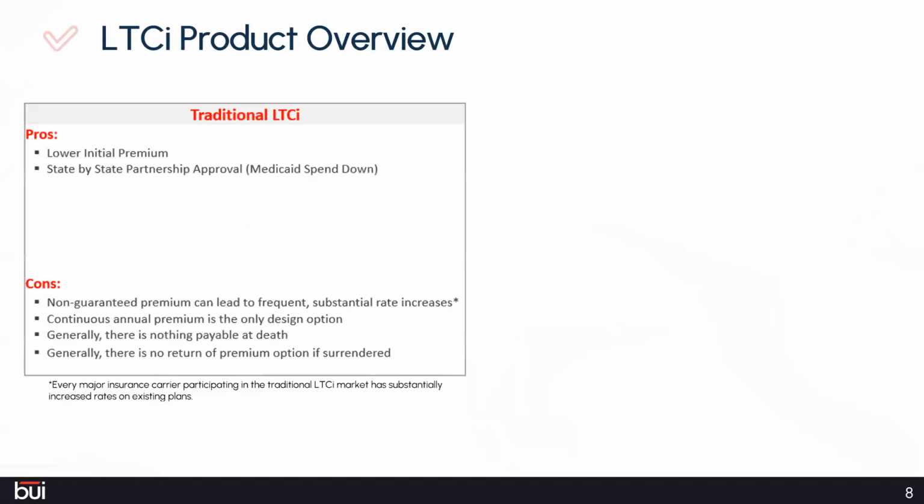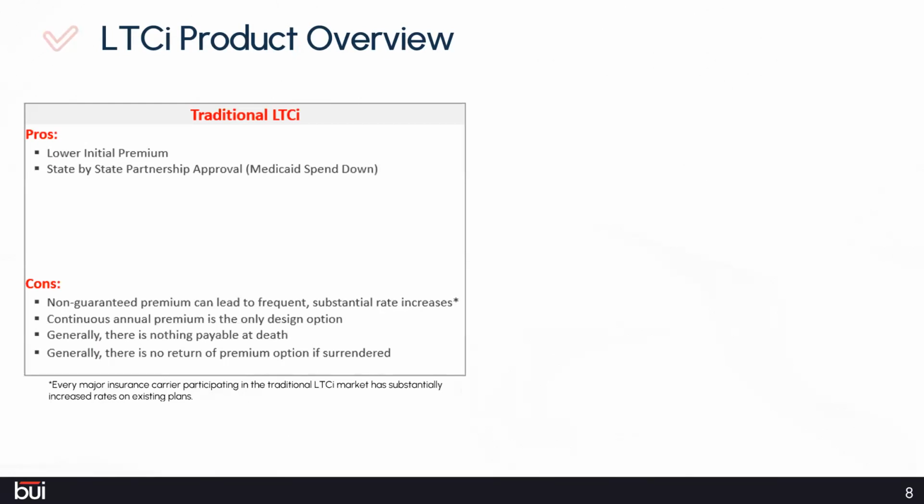So from a product perspective, there are 2 basic product types. And again, I'm speaking in generalities, covering a broad topic in a short period of time. For many years, traditional long-term care insurance was all that was available, but today it represents a very small percentage of the overall market. These products offer an initially low premium. They have asset protection for Medicaid spend down in some states.